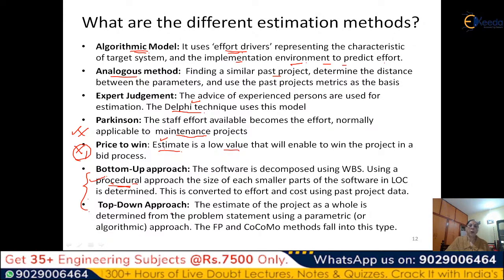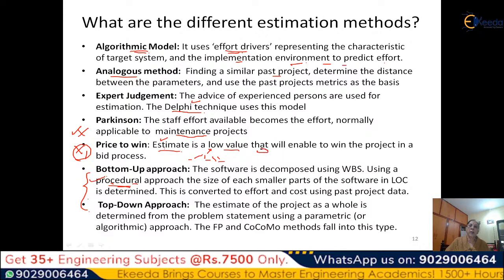Then you go to the top-down approach. Here in bottom-up, you are doing all the lower levels first, and then you are summing it up. You are climbing the tree up. That is why it is a bottom-up approach. If you have a top-down approach, that means you have the complete software on the top.